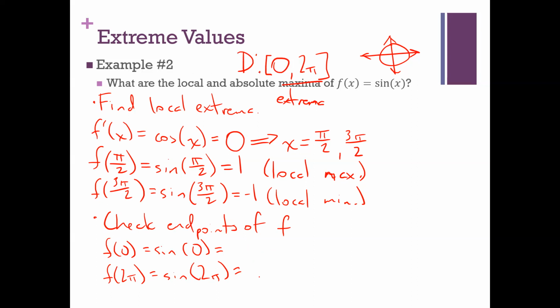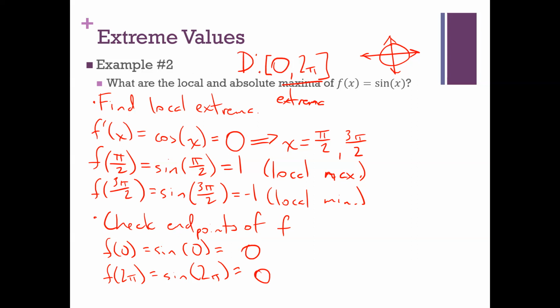Sine of 2 pi is 0. Yep. It's one full rotation. How many rotations is 0 radians? So 0 and 2 pi are coterminal angles. They're going to have the same sine value.